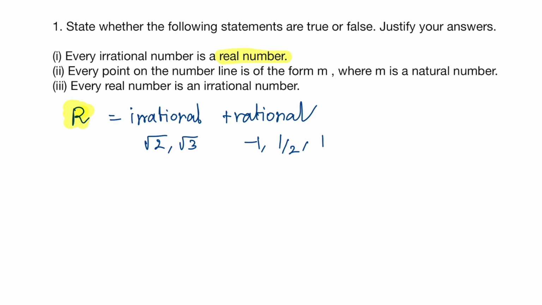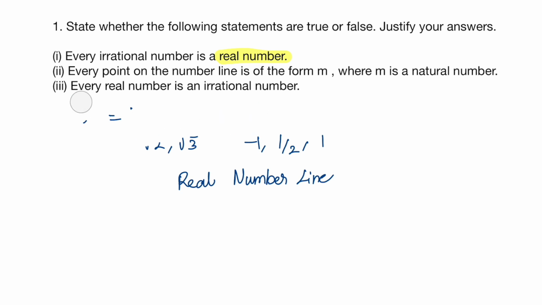So both irrational numbers and rational numbers can be marked on the number line, and that is why we call it the real number line. So the number line can also be called the real number line. This is what real numbers are: a collection of both irrational numbers and rational numbers combined together.